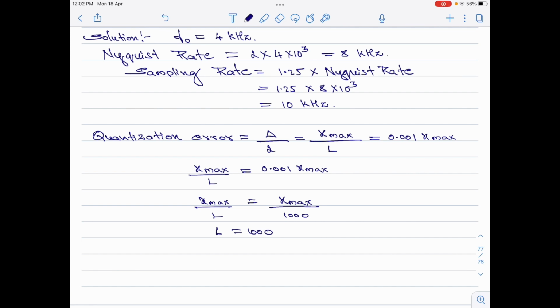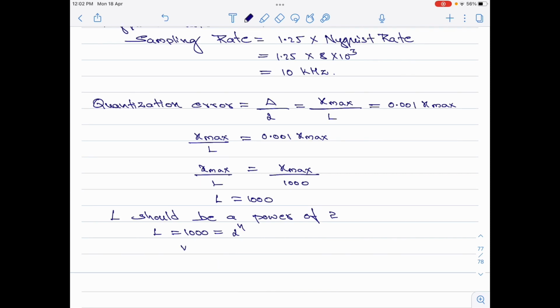However, we know that L here represents the number of quantization levels and the number of quantization levels must be a power of 2. So, L here is equal to 1000, but this should be expressed in terms of 2 power n.